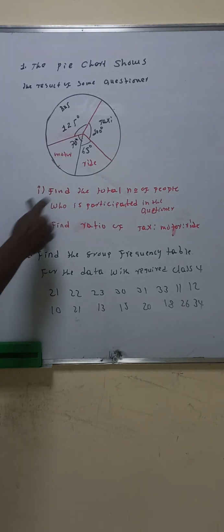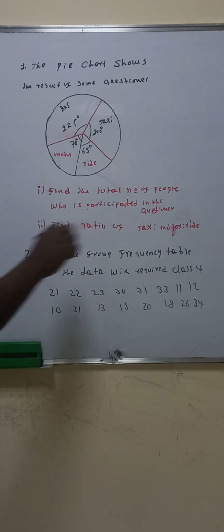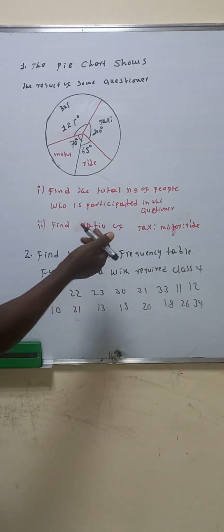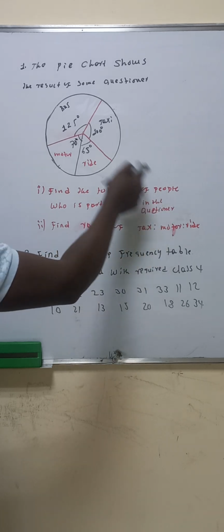So how could you find the number of people who participated in the questionnaire? There is something that is missing. Find the total number of people who participated in the questionnaire.